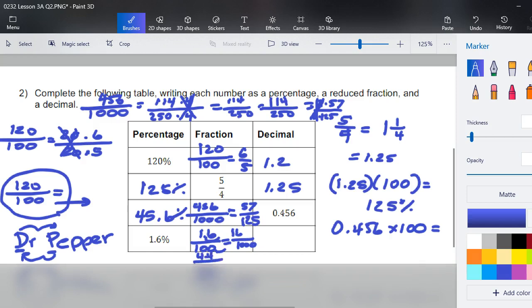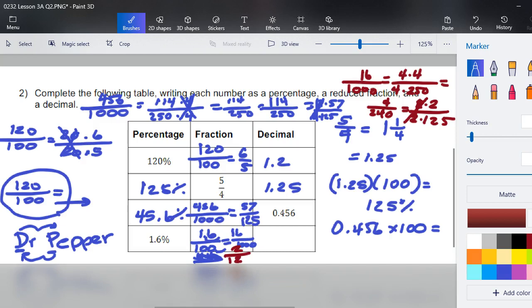Let me write that up in the corner: if I have 16 1,000ths and I take out a 4, I get 4 times 4 and 4 times 250. Well, that's great, but 4 times 250, those have a 2 in them at least. That becomes 1, and I get 2 over 125.